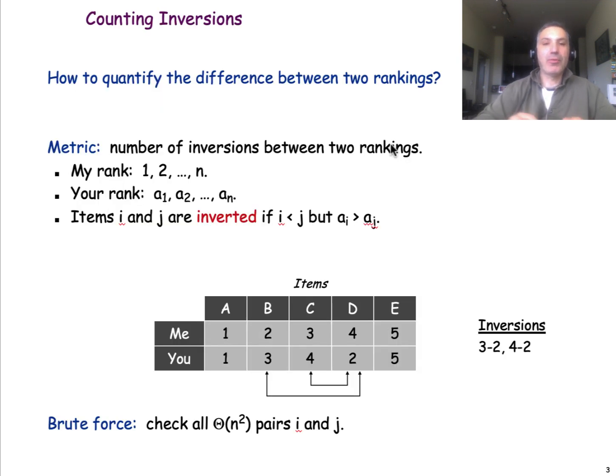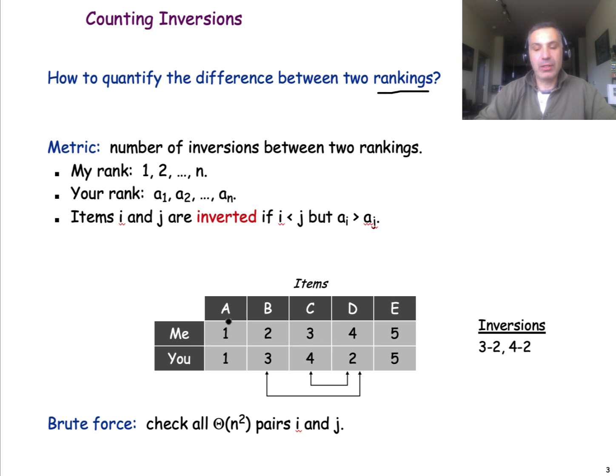So the problem of counting inversions has to do with rankings. How do we compare two rankings? Suppose that we rank movies or songs or any other item. So imagine that we have n items, let's say A through E, and I order the items based on my rankings.